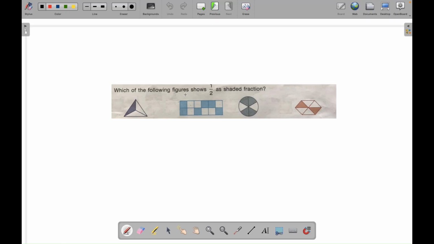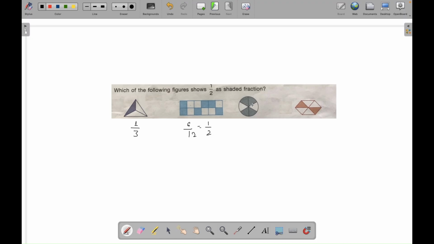Which of the following figures show half as the shaded fraction? This is 1 by 3. This is 1, 2, 3, 4, 5, 6 by 1, 2, 3, 4, 5, 6, 7, 8, 9, 10, 11, 12. If we simplify this, we'll get 1 by 2.